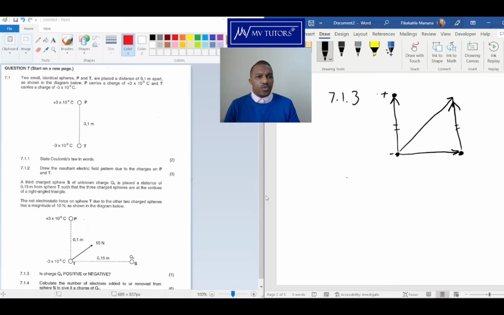If it moves towards it, there's a force of attraction there. And that means for a negative to be attracted, this one has to be positive. So therefore the charge we're going to choose is QS, because this is S, this is QS there, is positive.